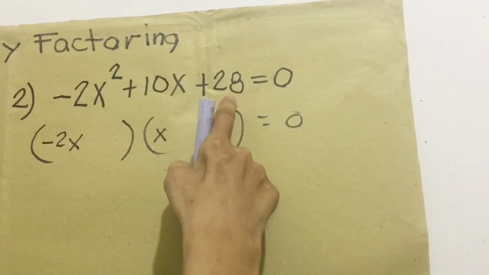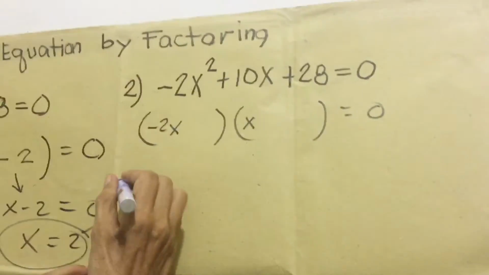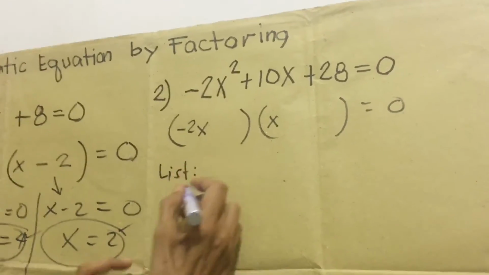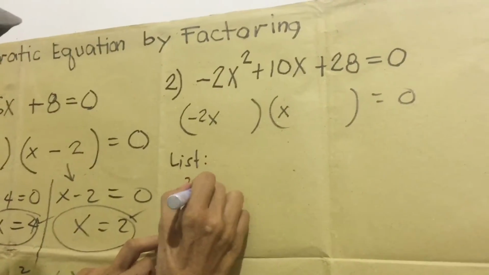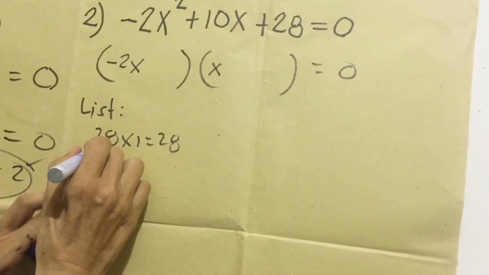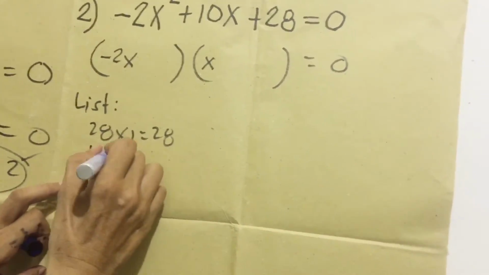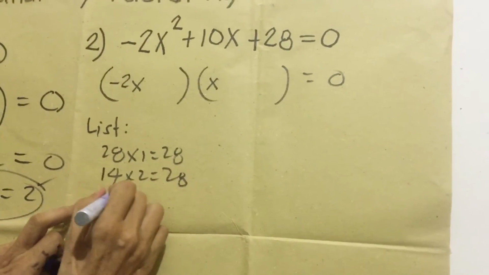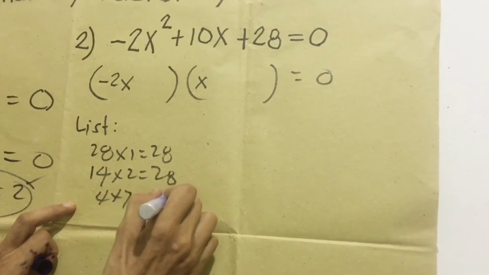Now what is the factor of 28? We're going to list down the factors. So by the listing method, 28 times 1 equals 28. Then 14 times 2 equals 28. 4 times 7 equals 28.